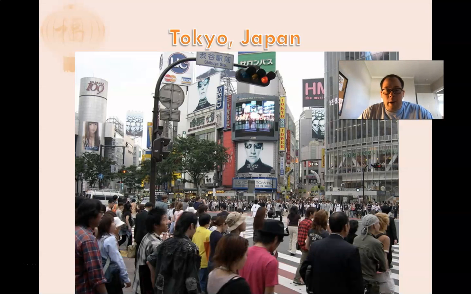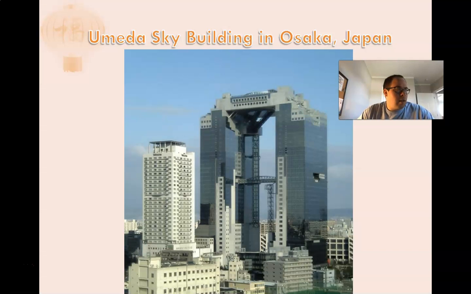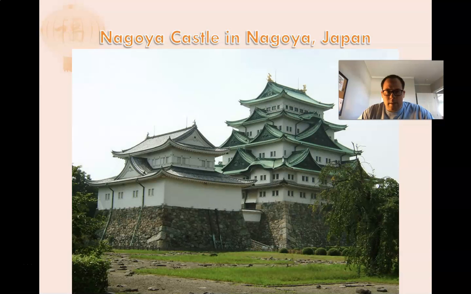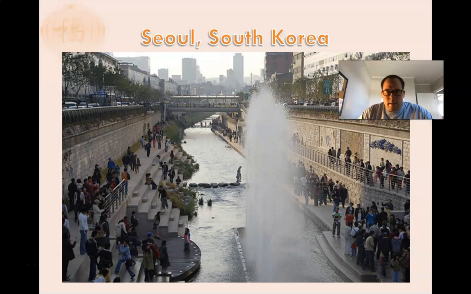Tokyo, you see, is very modern and industrialized. Tokyo is very capitalistic. Here's the Umeda Sky Building in Osaka, Japan. Seoul, South Korea.